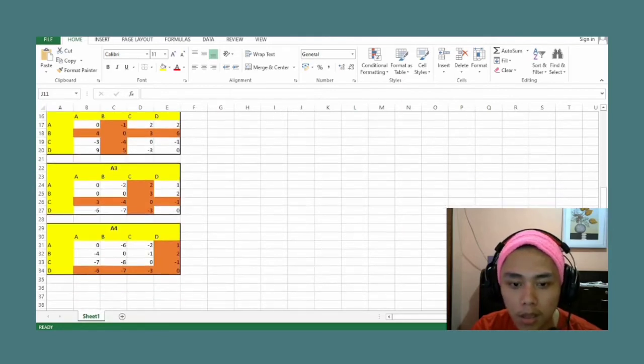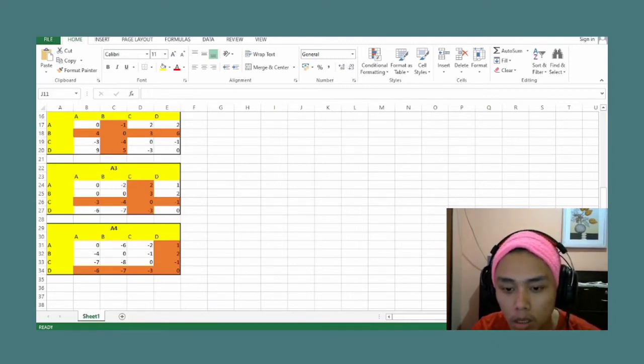And lastly, matrix 4. The vertex will remain unchanged. The self-loops, or the same letters, are 0. These are AA, BB, CC, DD. A to B is equal to -6, which will replace the previous number -2. A to C is equal to -2, which will replace the previous number 2.